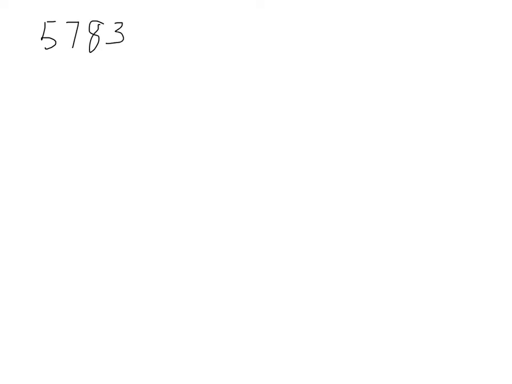5,783 divided by 6. Another thing I want our kids to understand is division can be written this way that I just drew, or it can be written like this: 5,783 with our division symbol, and we have a 6 written.